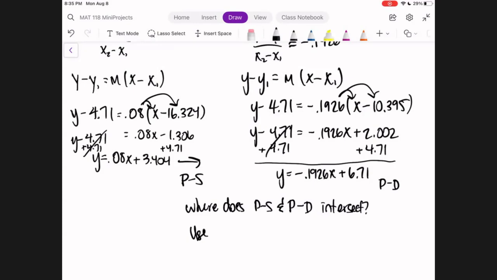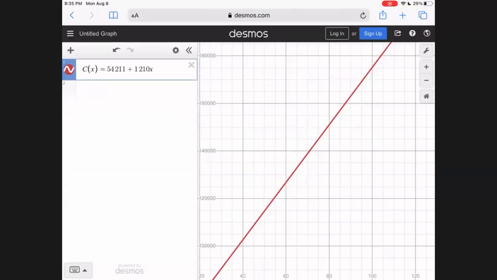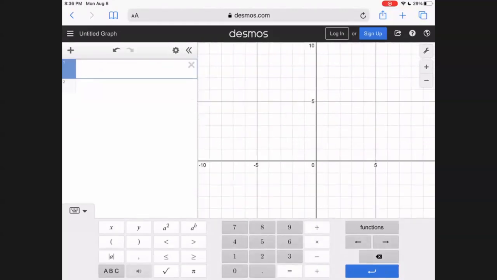So we're going to use Desmos, unless you want to do this by hand, which is probably not the best. Okay, so let's pull up Desmos here. Let's graph each one. So we have y equals 0.08x minus 1.306.